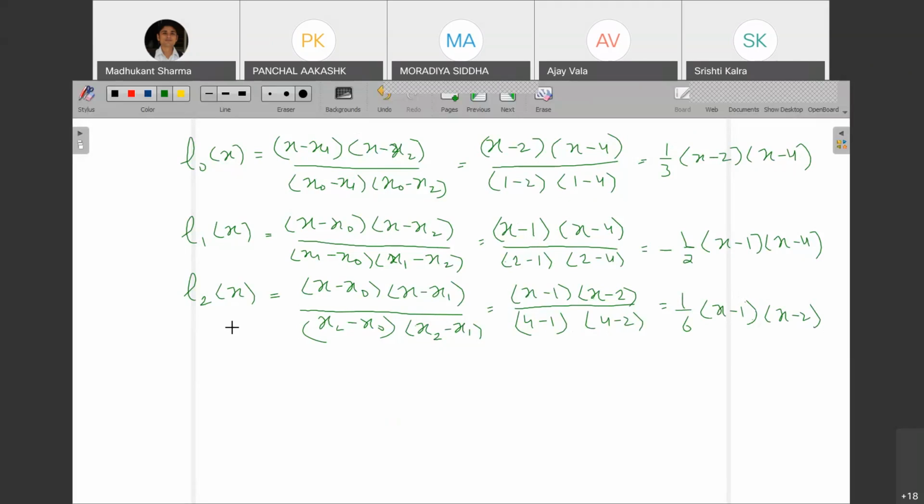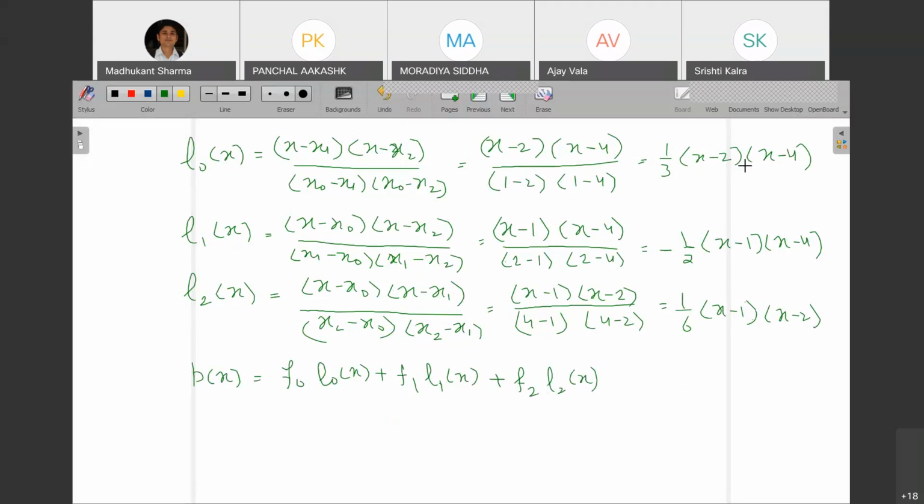Therefore the Lagrange form of the interpolating polynomial is p of x equals f naught L naught of x plus f1 L1 of x plus f2 L2 of x.